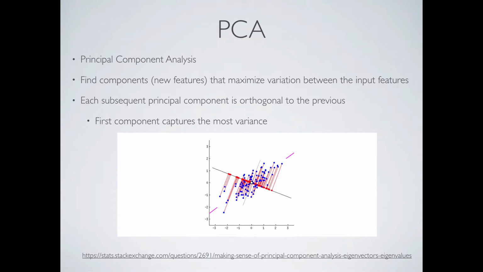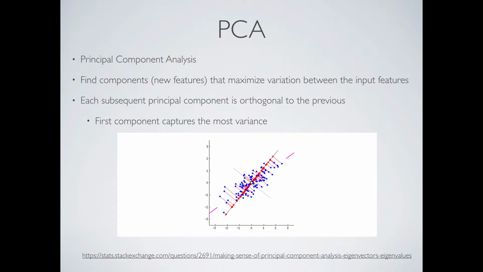So throw it through PCA, you can split it down into maybe 30 features, and you can find that it's actually really useful. The main concept with PCA is that you're trying to extract components, so a principal component. You're trying to pull out basically new features that can maximize the variance of the input features. One property it has is that every time you pull out one of these principal components, it's orthogonal to the previous one. The way that goes is that the first component captures as much variance as it possibly can in the data.